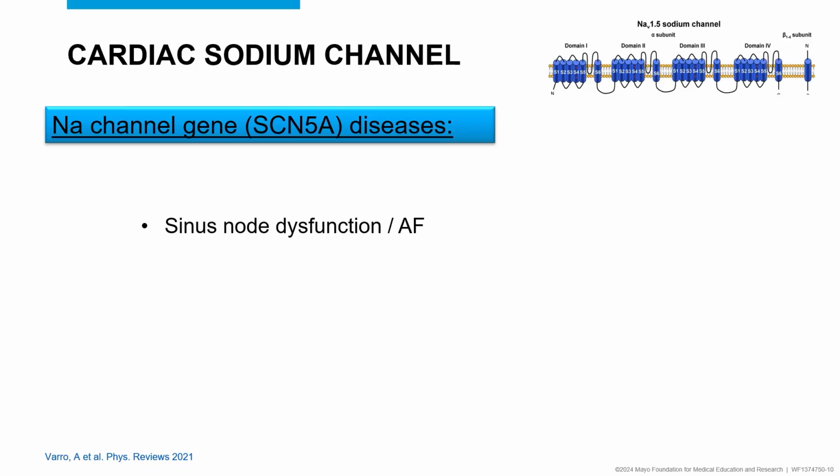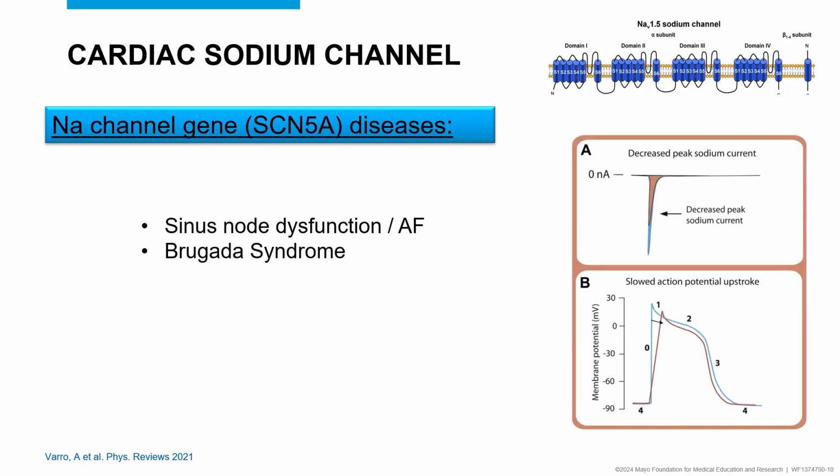The same for atrial fibrillation. If you've got slow conduction, and we're going to keep on coming back to this just for mechanisms of arrhythmia, slow conduction through any myocardium is essentially setting you up for re-entry, one of the precursors where you've got differential conduction through the heart, setting you up for fibrillation. So atrial fibrillation in a hereditary manner in some of those patients. Brugada syndrome also then affecting the sodium influx, and you can see there the influx has changed.